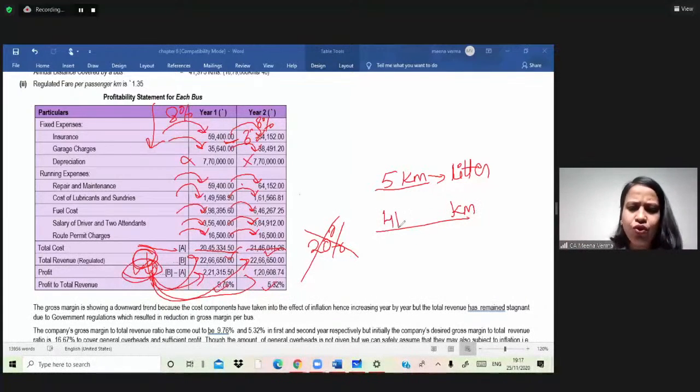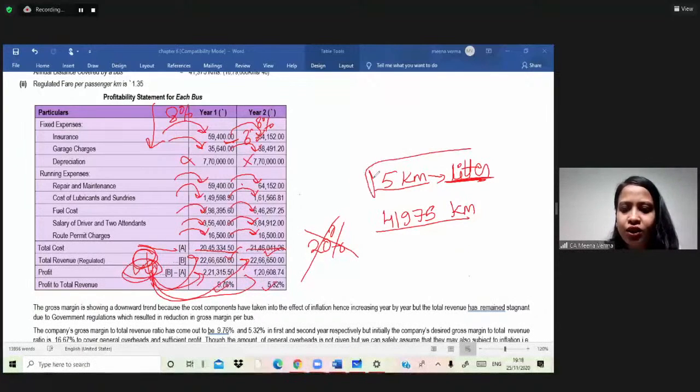Can you tell me the value? The total kilometer traveled by bus is 41975. The one bus in the entire 1 year will travel this distance. And in 1 liter, the bus can travel only 5 kilometer.